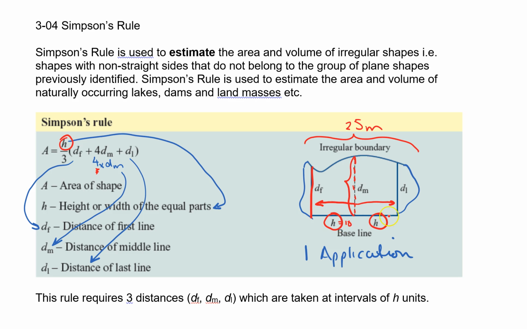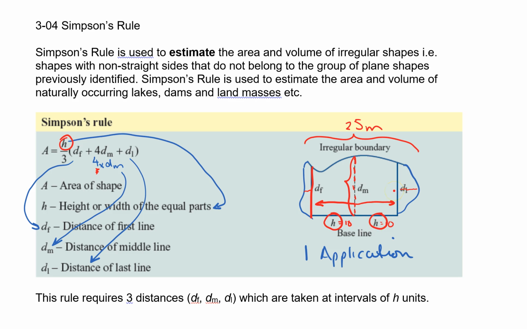So we've got 10 and then we've got another 10, which gives us our 20 meters, and there's this little bit and this little bit, and they're making up the additional 5 meters. So 10 meters from first distance to middle distance, another 10 meters from the middle distance to the last distance.